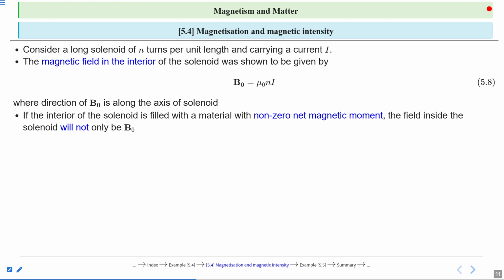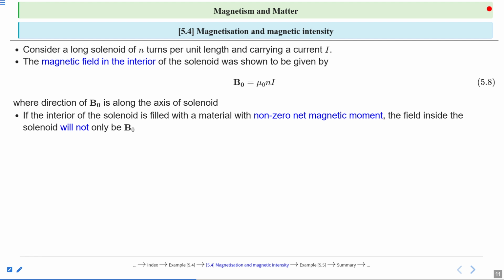This is the magnetic field when there is air or vacuum in the interior of the solenoid. In that chapter, I mentioned at the end of the derivation that the magnetic field in the interior of a solenoid can be enhanced by inserting a magnetic material in the core of the solenoid.